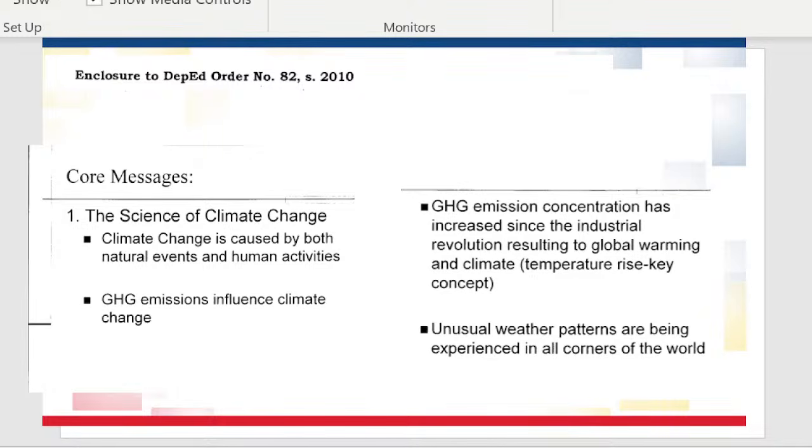The greenhouse gases emission concentration has increased since the Industrial Revolution, resulting in global warming and climate change. The temperature rise is the key concept, global warming. Unusual weather patterns are being experienced in all corners of the world.